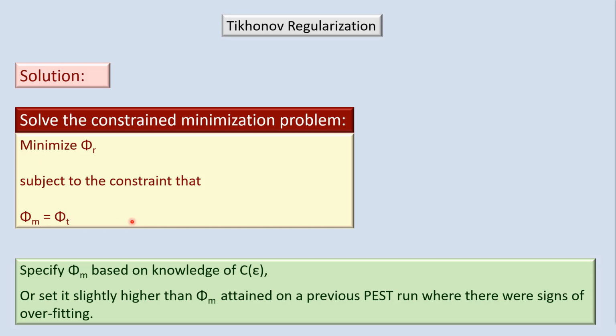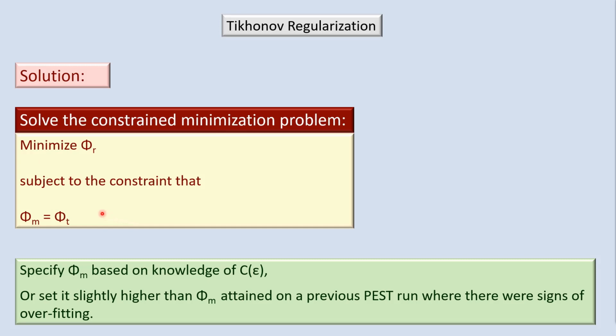Now, I'm assuming here that we can attain that target. I'm assuming that we have enough parameters and the model is good enough for us to attain whatever measurement objective function we want. In practice, we mightn't attain it. But let's assume for the moment we can.